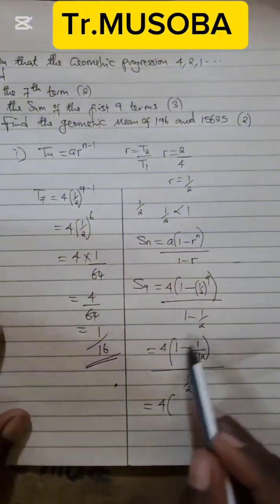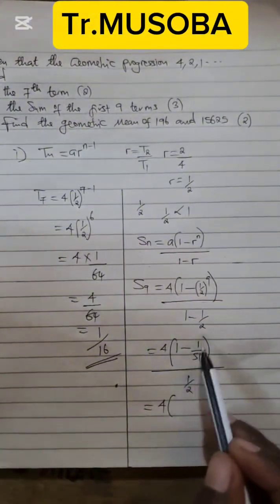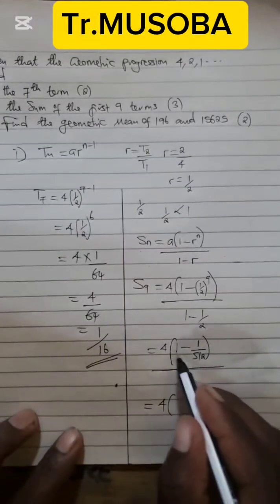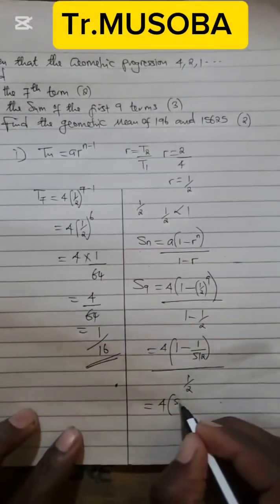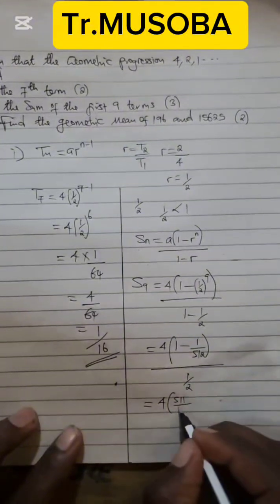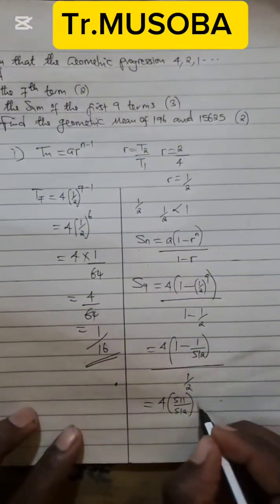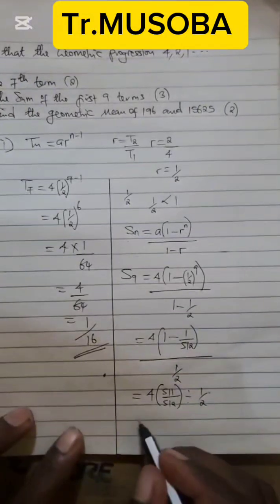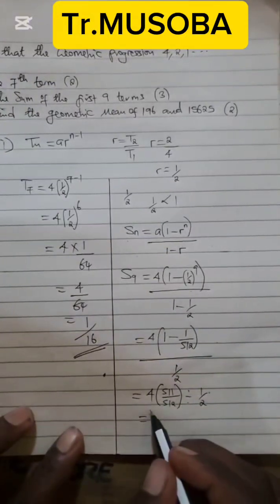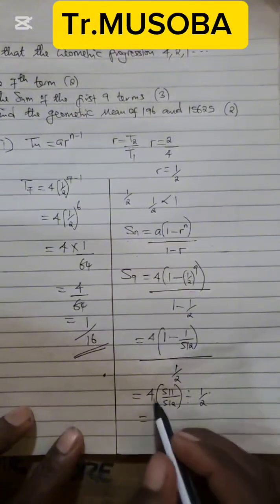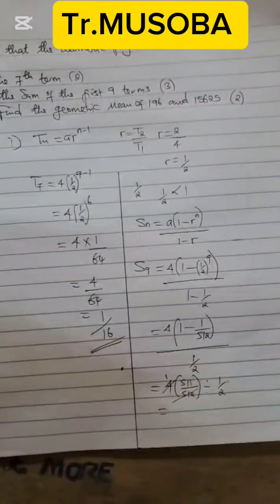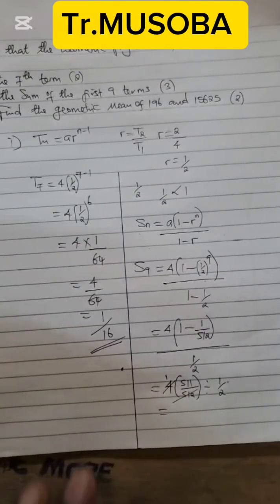Now, to avoid wasting much of our time, you just say 512 minus 1, you get 511 over 512, divided by half, 1 over 2. From there you can reduce this. 4 here is 1. 4 into 512, you get your calculator. 512 divided by 4, you get 128.